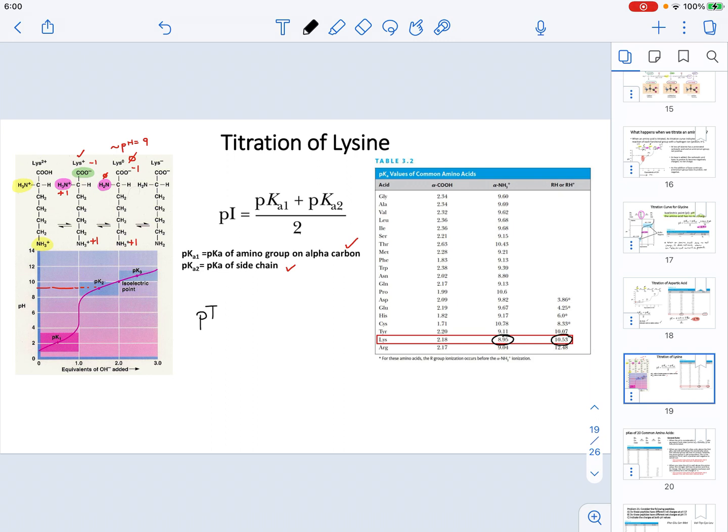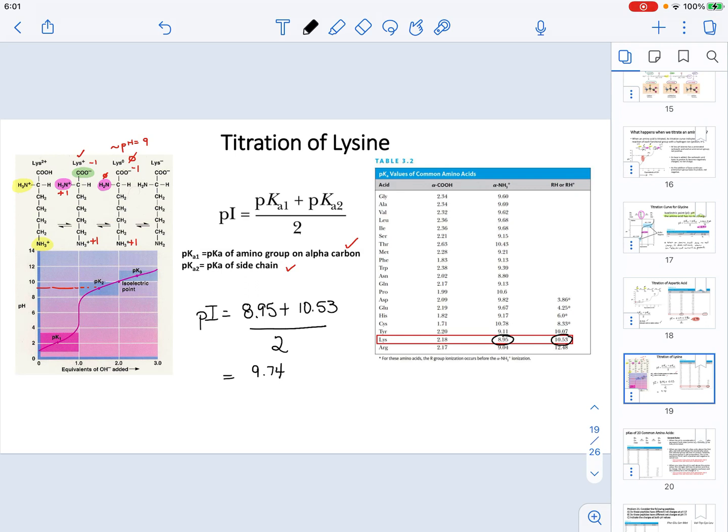So to calculate the PI for it is going to be 8.95 plus 10.53, and when I take these values and divide by 2, let me just plug it into my calculator. 8.95 plus 10.53, and then I divide it by 2. I see that the PI for this system is around 9.74. So it is close to 10.